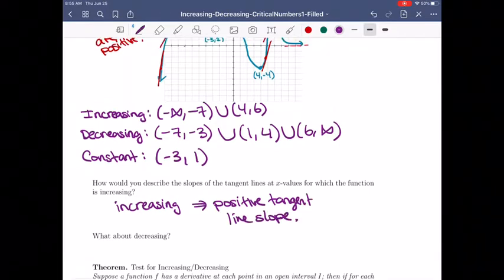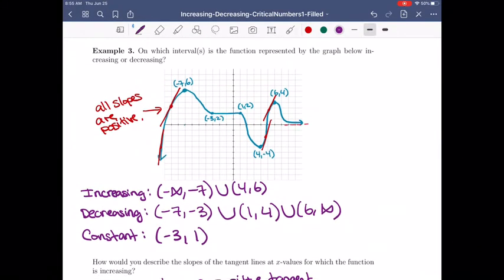Okay, now when the function is decreasing, I'm going to use a different color here. So let's say when I'm here, that's what my slope looks like. Okay, and I'm here, it kind of looks similar. When I'm down here, kind of looks like that. Again, all these slopes are negative, right?